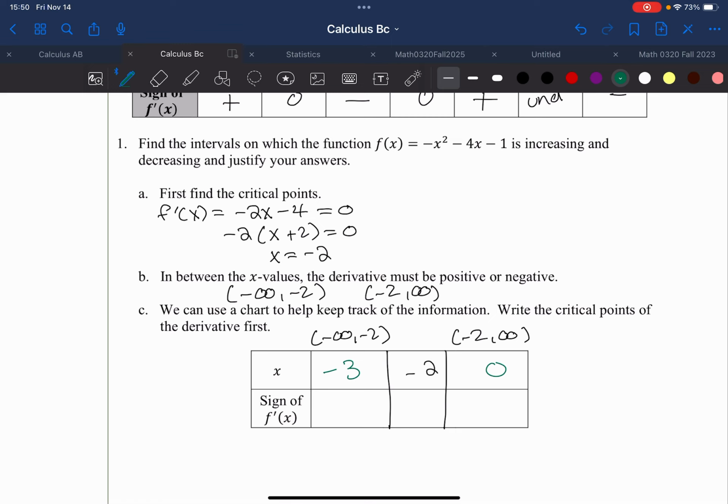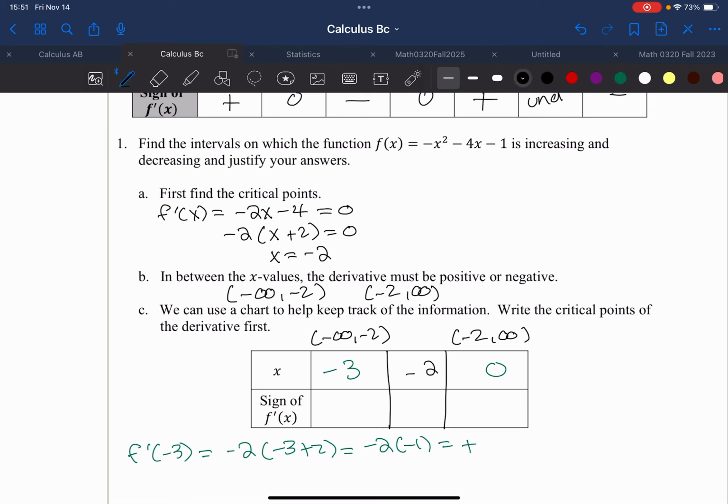Then I am going to take that negative 3 and plug it back into the derivative to see if I get a positive or negative value. So f prime of negative 3 is equal to negative 2 times negative 3 plus 2, which gives me negative 2 times negative 1, which is positive.